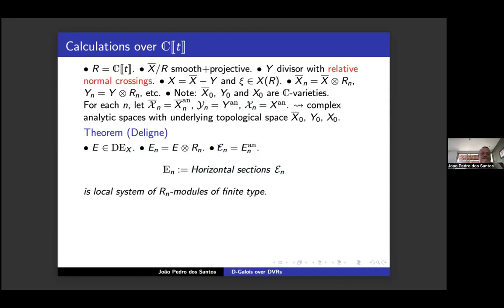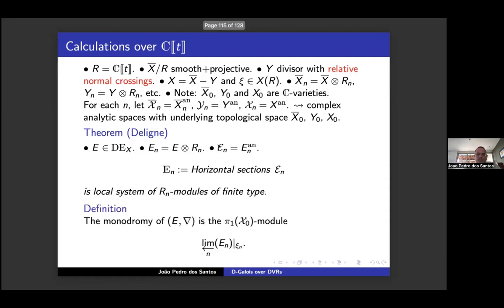Okay, so it's a local system of R-modules. So at the end you have your curve, you removed some points on it, but your curve depends on a parameter. And Deligne is saying that if you have a connection which is relative to R, so it depends on a parameter, then what you're going to get is a continuous family of local systems.